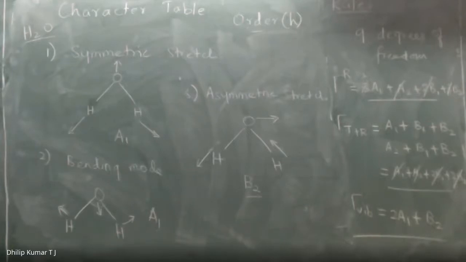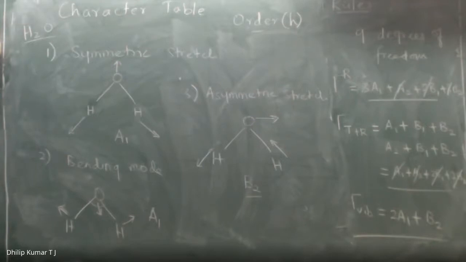So what we have done is, we had a C2V character table, and we took the water molecule, which is a C2V point group. In the water molecule there are 3 atoms, and for each atom we considered the Cartesian coordinates and wrote the reducible characters for those modes.